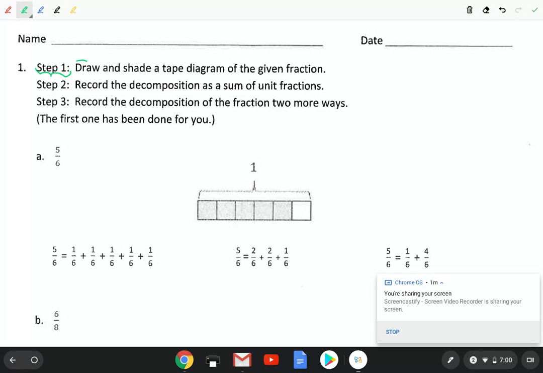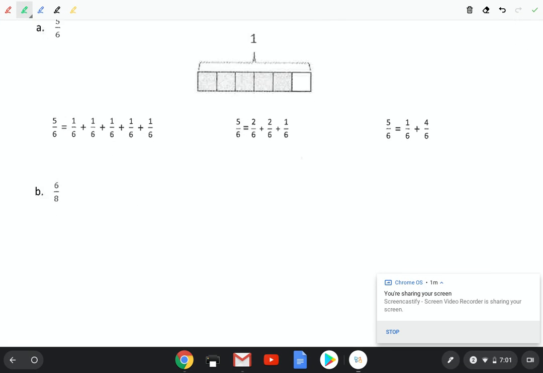Step 1 says draw and shade a tape diagram of the given fraction. In other words, we're going to draw a tape diagram of the fractions that they are giving us. So let me work with B here.